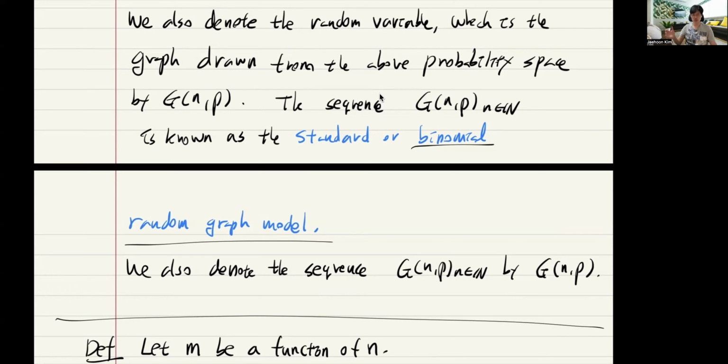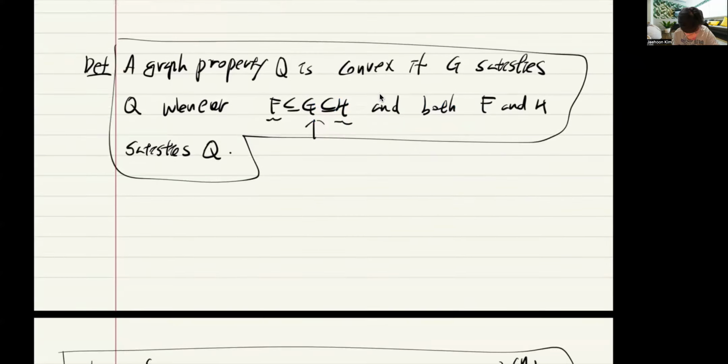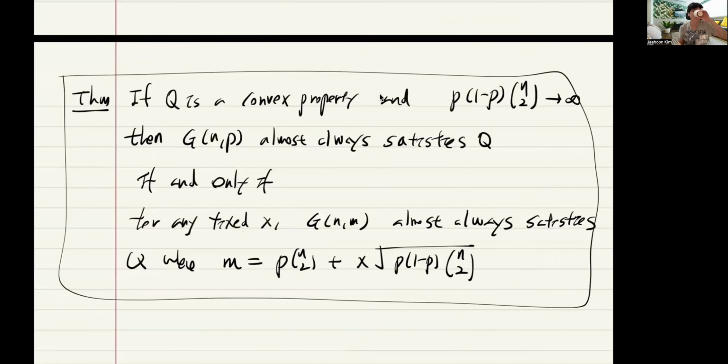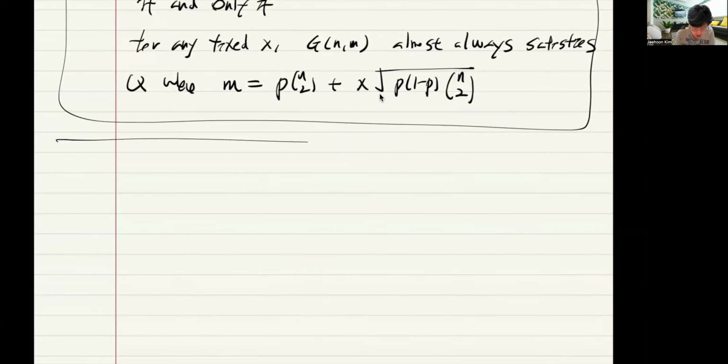Study of G(n,p) is about for what property Q it almost always satisfies it, or almost always does not satisfy it. Regarding that, this theorem tells us that the binomial random graph model and the uniform random graph model are not too different, so we can just focus on the binomial random graph model, and the result for the uniform random graph model follows.